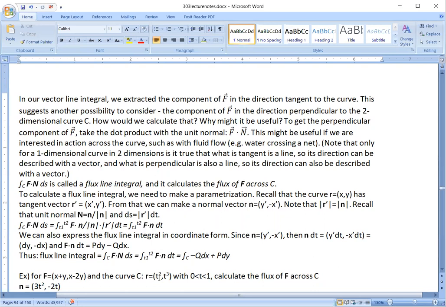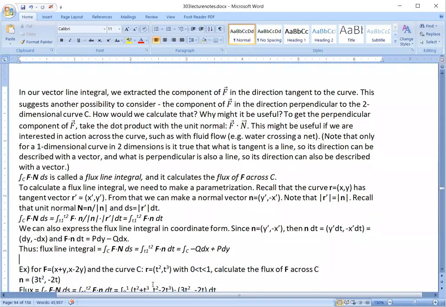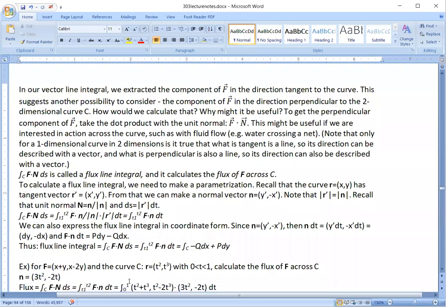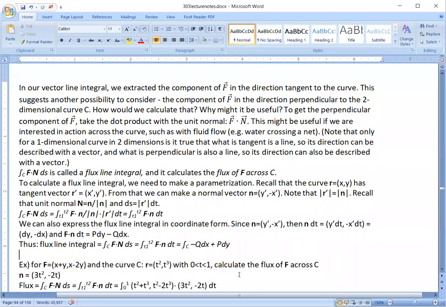So next we need to write down the parameterization for vector field f. That's pretty obvious. x plus y will just be t squared plus t cubed, etc. So the flux is the integral over the curve of f dot unit normal ds, which we can just rewrite as the integral of f dot normal n dt.